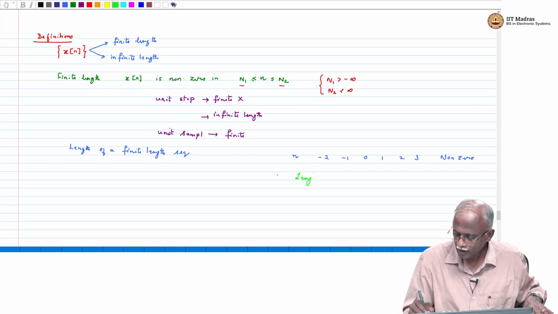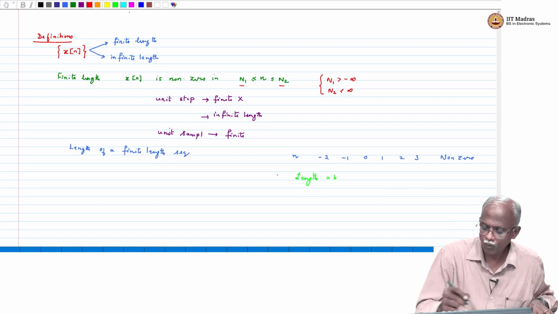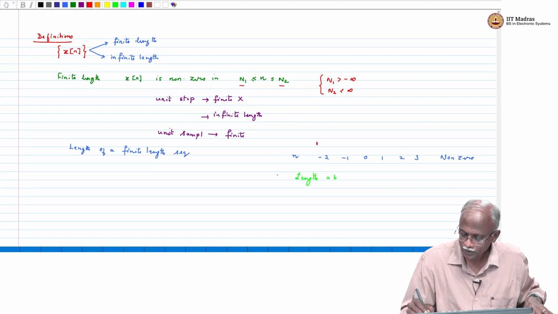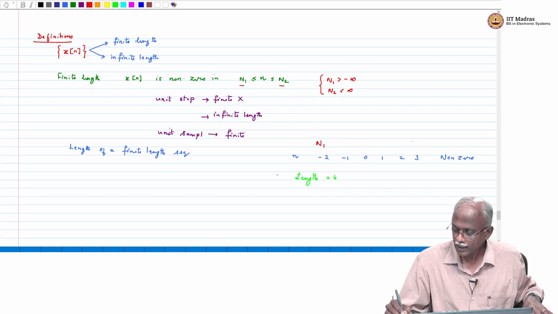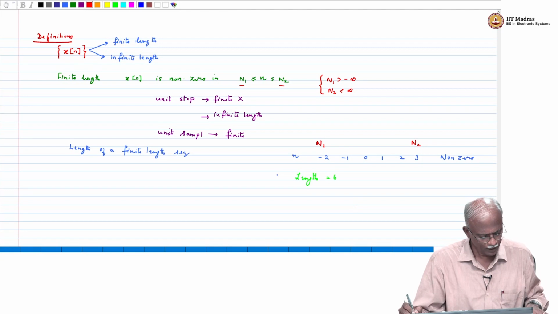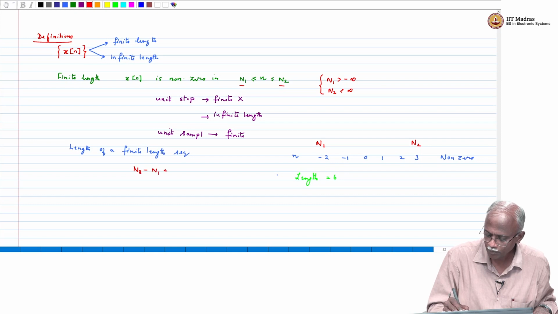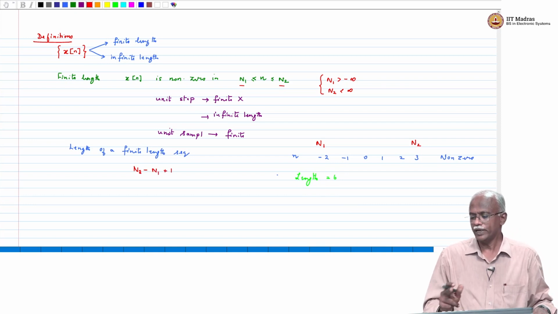Length equal to 6. Now, what is the starting value? n1. Ending value is n2. And the length of the sequence is always defined as n2 minus n1 plus 1.